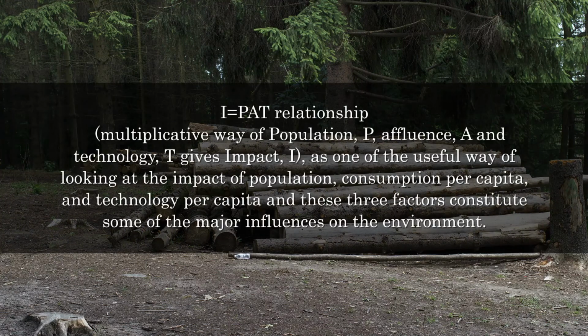One of the relationships proposed by American environmentalist Paul Ehrlich suggests that impact is equal to the multiplication of population, affluence, and technology. It is a useful way of looking at the impact of these three factors: population, the affluent lifestyle, and technology.